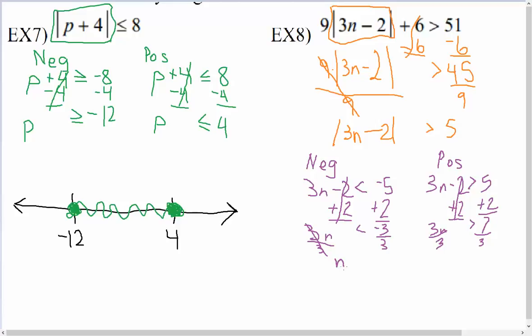And we are left with n is less than negative 1. n is greater than 7/3. Now right here, I know it because I've seen you all do it in class, that you're wanting to do a decimal. Do not make that a decimal. Leave it a fraction. It will save you time and it will save you headaches.